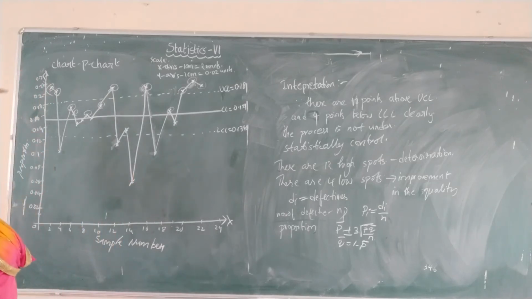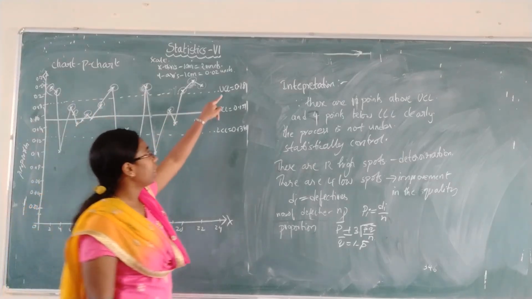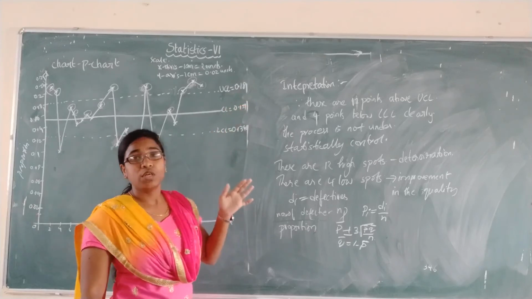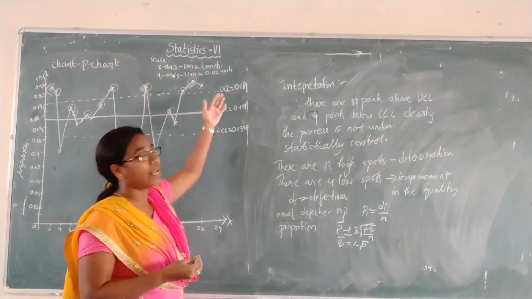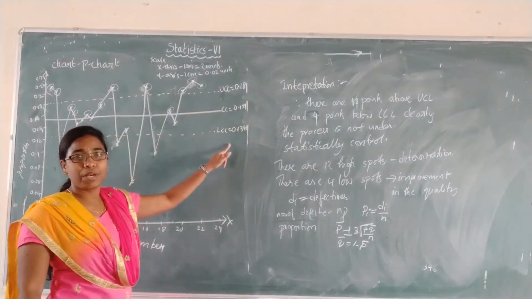That's why I took the scale up to 0.24. Then plot the UCL, CL and LCL. You have to clearly mention here UCL equals 0.181 so that the examiner can see the values easily from the graph also. So UCL, CL values will be represented.